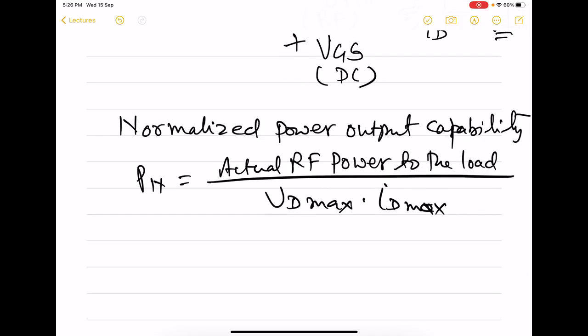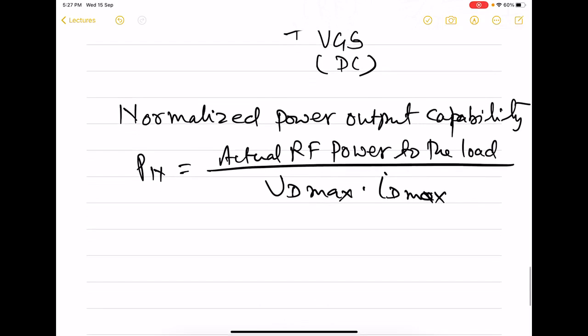And fortunately, we will see that the maximum of these two do not occur simultaneously. So they will attain their peaks at different moments. It will experience maximum voltage at one moment and maximum current at another moment. So we will be studying these parameters also for the various MOS based power amplifiers.